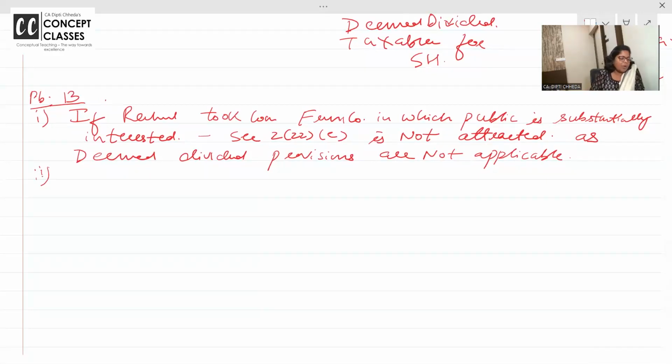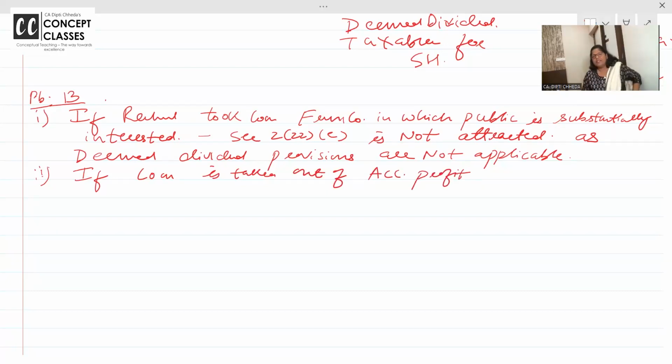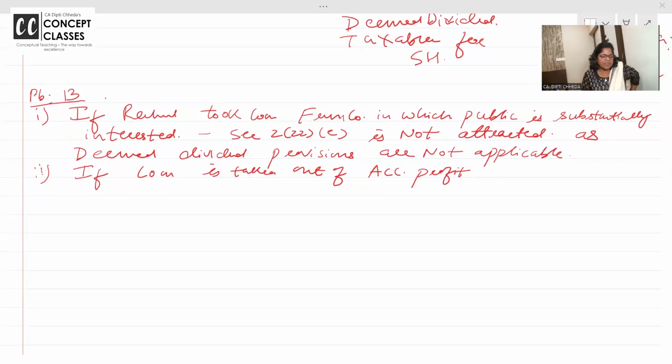Second option, read it there. What would be your answer if it is a private company? If loan is taken out of accumulated profits, write down all of you the language to get 3 marks. Loan is taken out of accumulated profits.